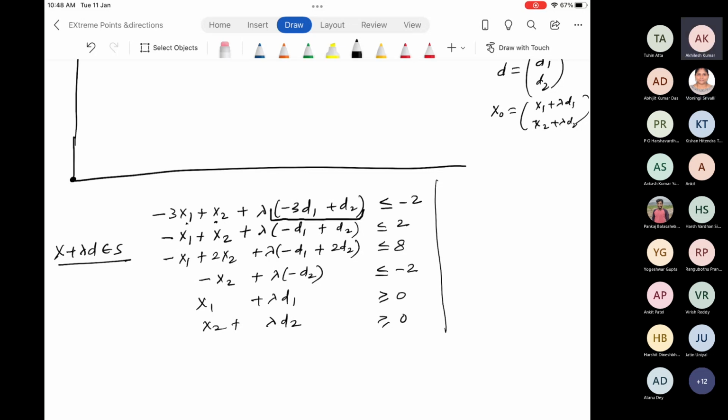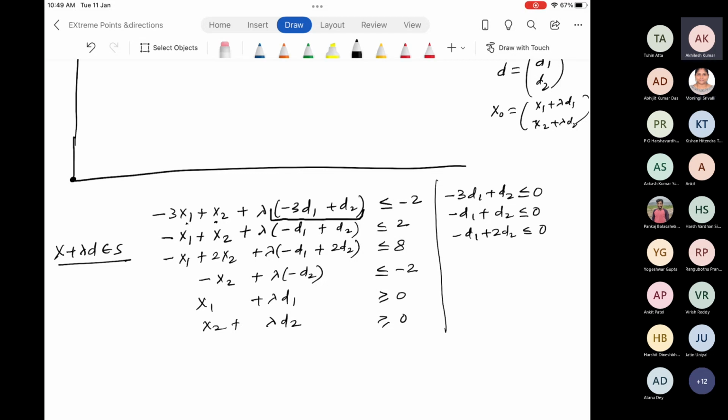Should it be greater than 0 or less than 0? It should be less than 0, because it is less than equal to minus 2 for all lambda. So it has to be negative. Good. Similarly, minus d1 plus d2 in the second equation should be less than equal to 0. Minus d1 plus 2d2 should be less than equal to 0.